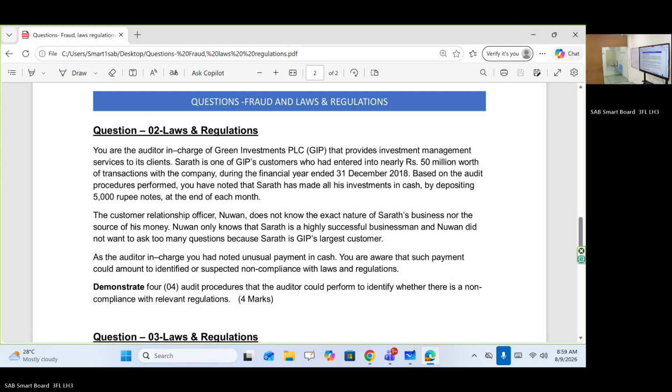Okay. But the procedure: discuss with the management and those charged with governance. Simple. Discuss with the management and board of directors. So what are the things you have to discuss? Here you will need to take specifically.